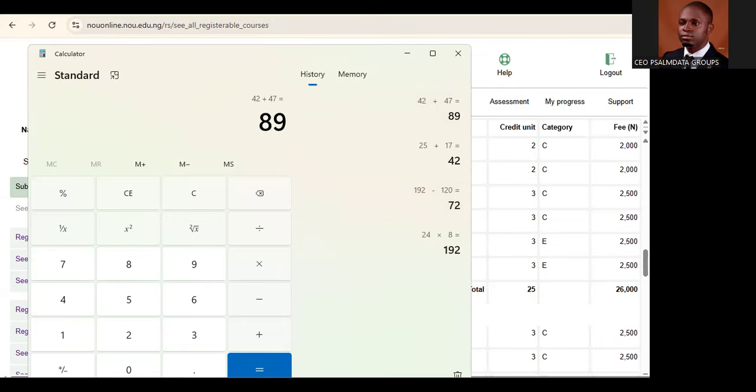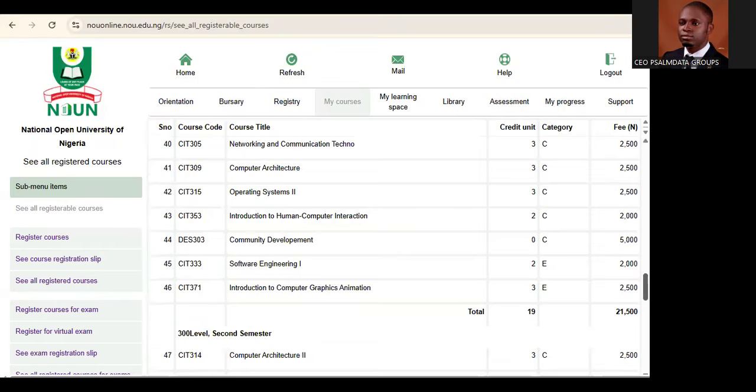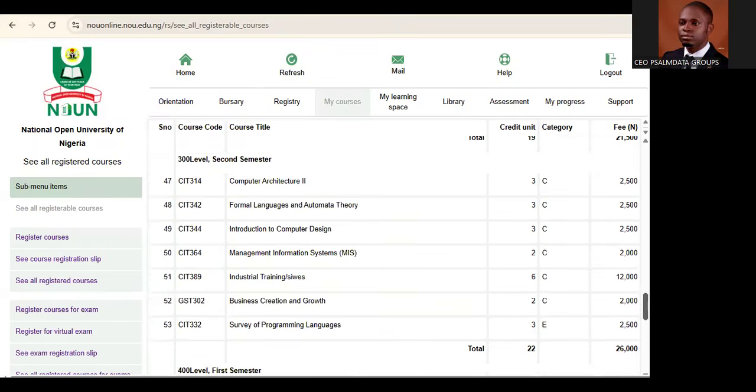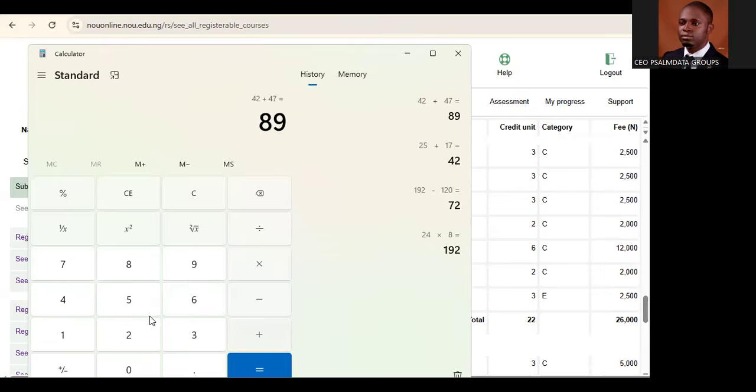Now let's move on. In my 300 level first semester, I have 19 units, and in the second semester, I have 22 units. So we are going to say 19 units plus 22 units.